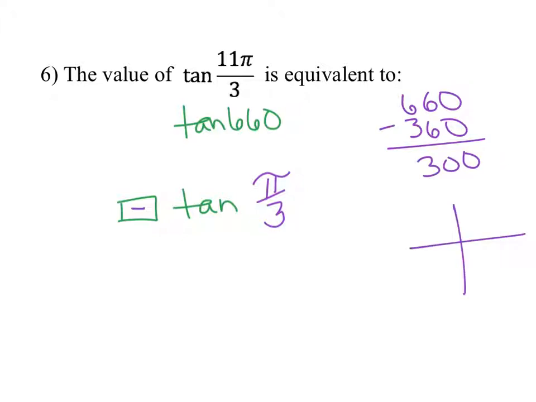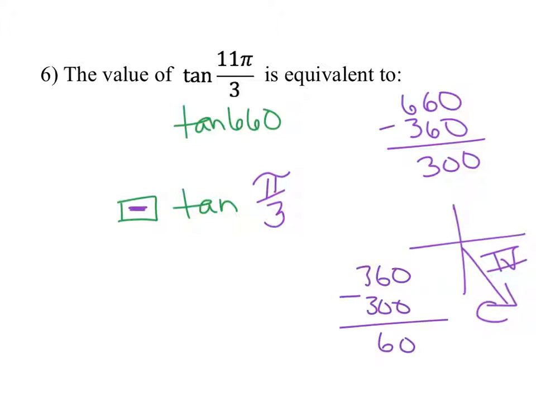So 300 is in quadrant 4, where cosine is the only thing that's positive, so that's why the tangent is negative. The reference angle is 60, because the whole circle is 360 and we want to cut out the 300 of it. So it's 360 minus 300, which is 60, and converted to radians is pi over 3.